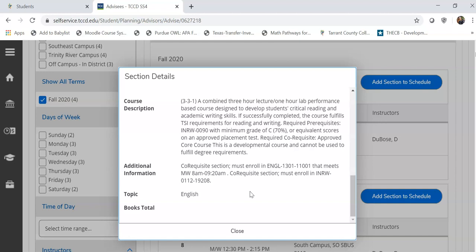That meets Monday, Wednesday, 8 a.m. to 9:20, and must also enroll in INRW 0112, 19208. So you'll want to jot that down. And I notice depending on the campus, sometimes those last 5 numbers will match up, and sometimes they will not, because every campus's format is just a little bit different.